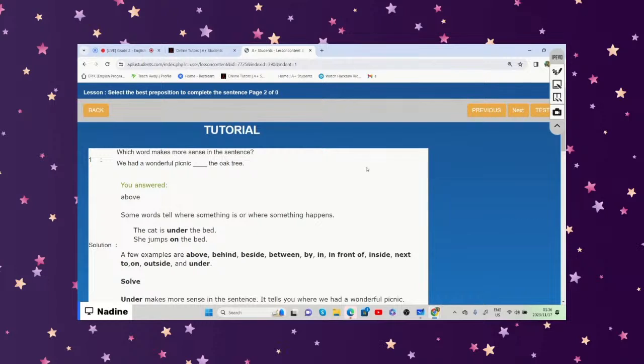If we look at the first one, it says, we had a wonderful picnic the oak tree.